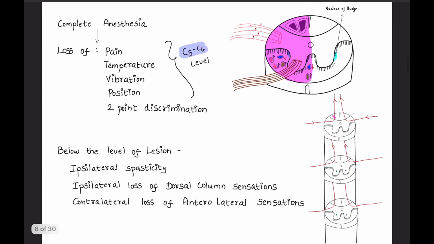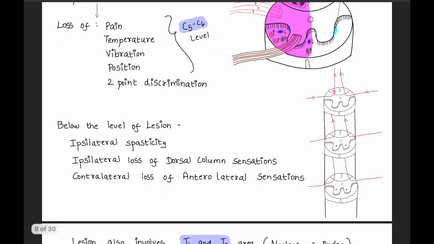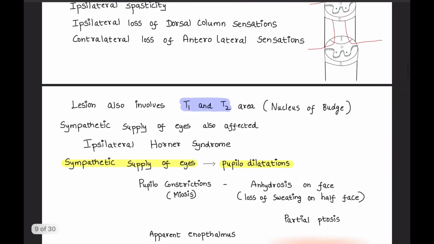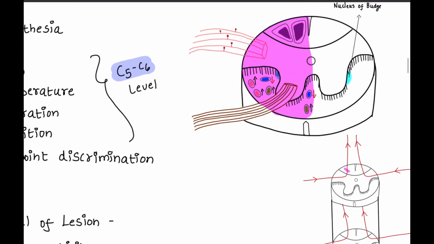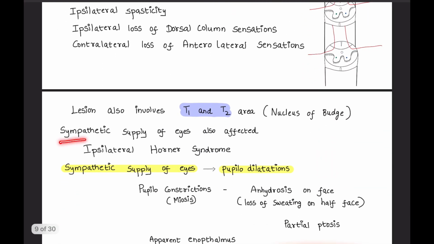I have already told you that Brown-Séquard syndrome, that is hemisection of the spinal cord, happens around C5 and C6 level. What if it occurs around T1 and T2 vertebral level? Around T1 and T2 you have the nucleus on the lateral side of the spinal cord, which is concerned with the sympathetic supply of the eyes.